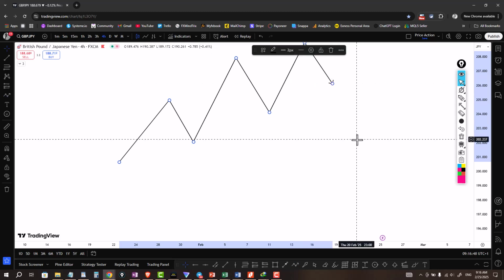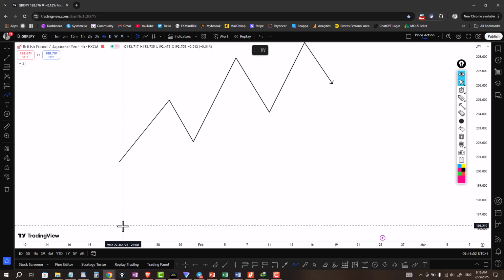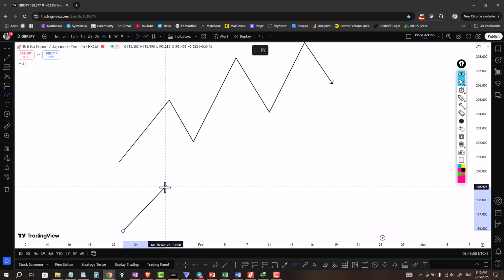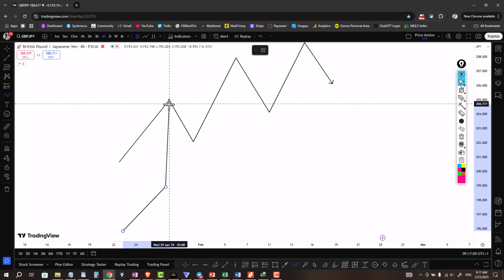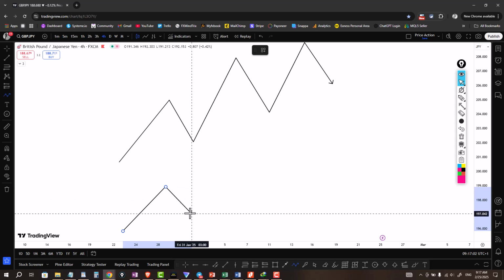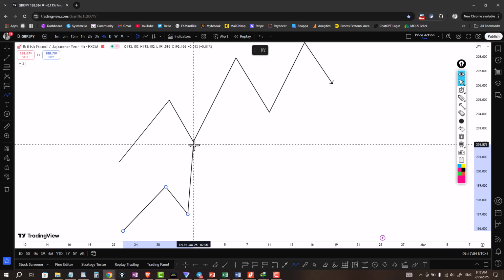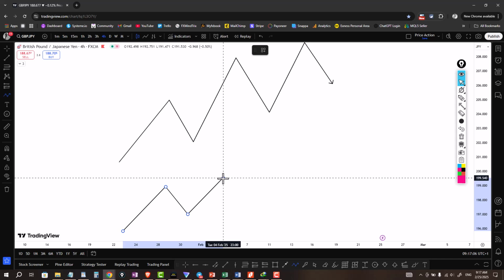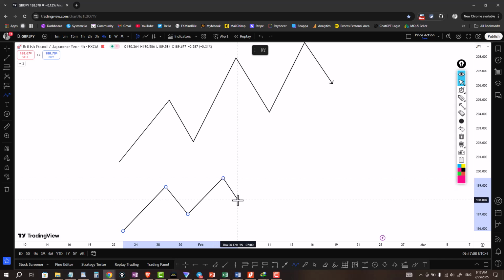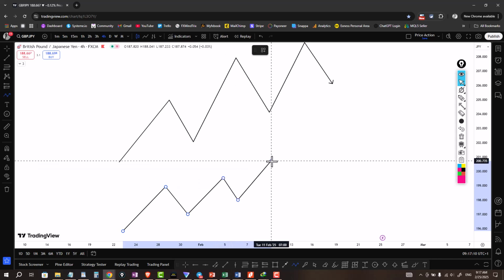And you also want to see the oscillator, in its little window below the price chart, doing the same thing. So when price makes a higher high, you also want to see the oscillator making a higher high. And when price makes a higher low, you also want to see the oscillator making a higher low. Basically, the oscillator is almost as if it's mimicking what price is doing on the charts.